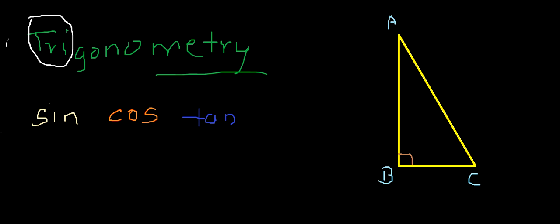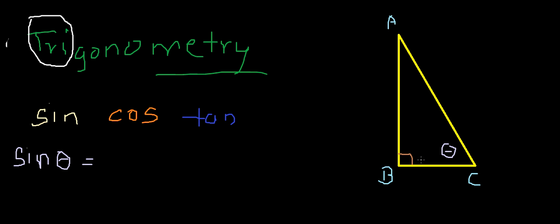Now let's see what is meant by sin, what is meant by cos, and what is meant by tan. If this angle is my theta angle, any angle, then sin theta is opposite upon hypotenuse.